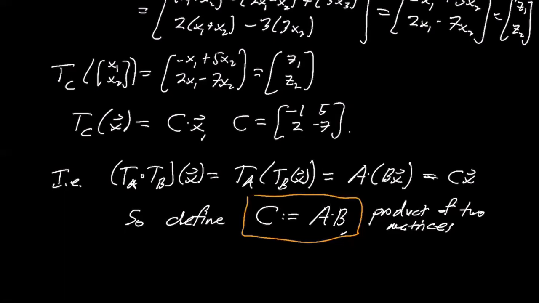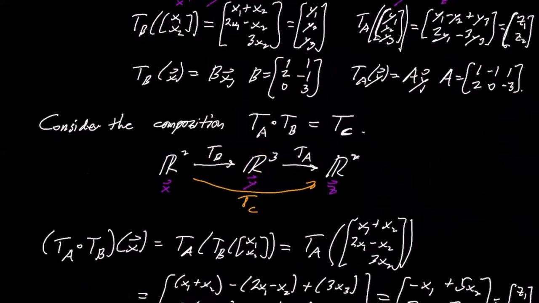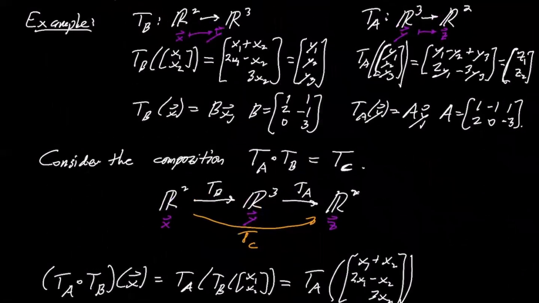And let me just write this out really explicitly. Let me write the matrices again. I'm going to copy the matrices A and B. In fact, maybe I can be somewhat clever.